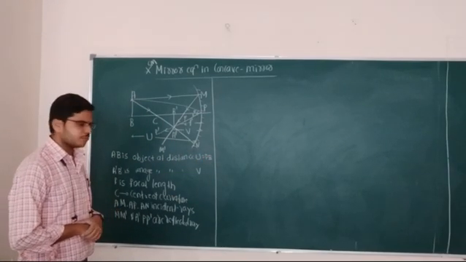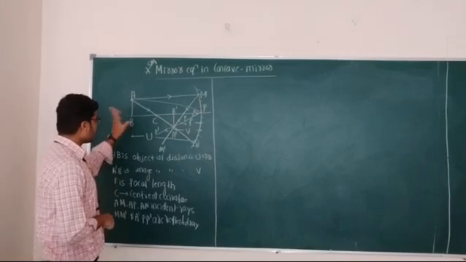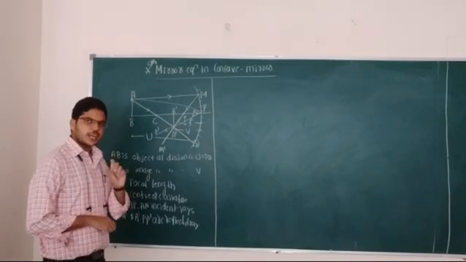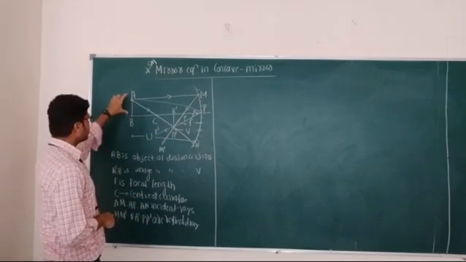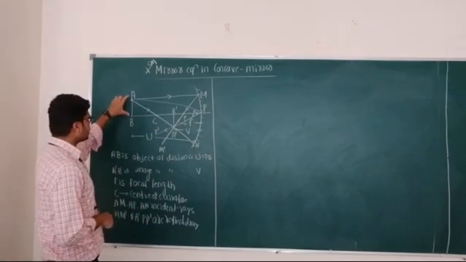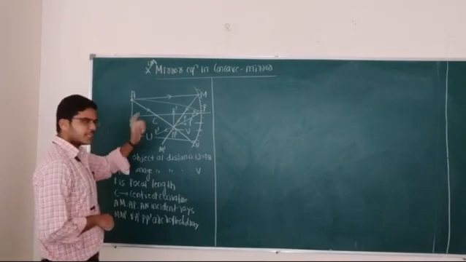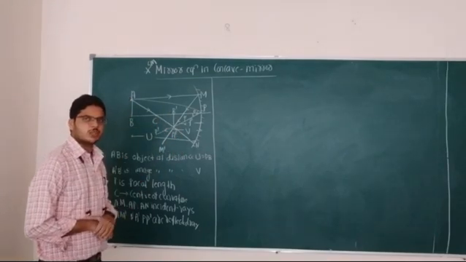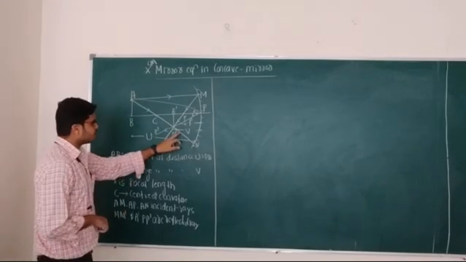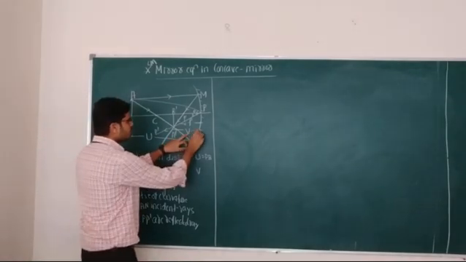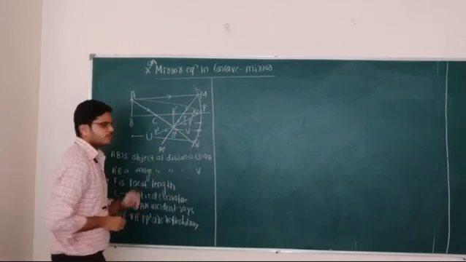After reflection, we finally get an inverted image, that is A'B'. AB is the object. We are getting the inverted image A'B' on the principal axis at a distance small v from the pole.